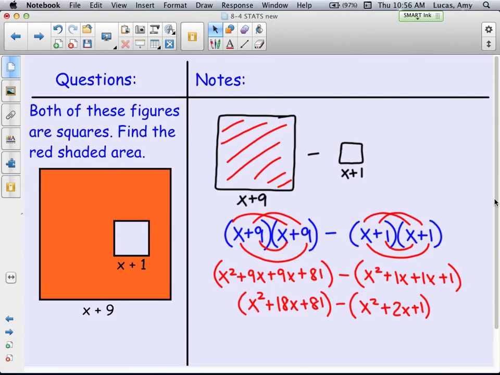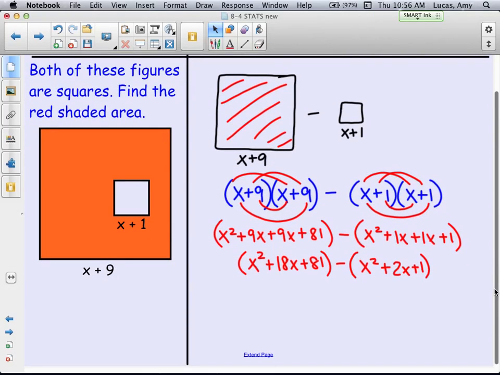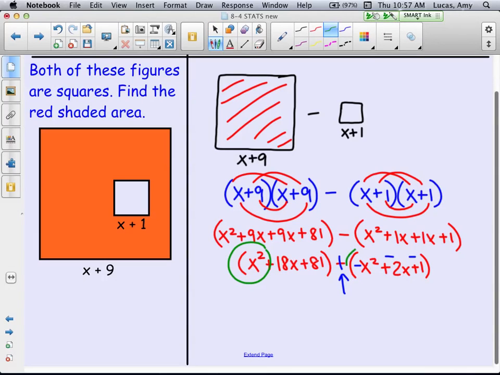Now, please remember that when you're subtracting your polynomials, I actually don't like to subtract them. I would rather add the opposite. Or think about it as distributing a -1. So if I turn this into a plus, all of these turn into opposites. Now, I need to do my like terms. Combining x squared and -x squared, they cancel each other out.